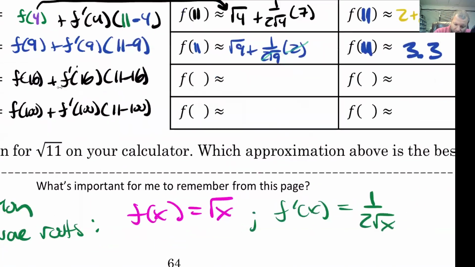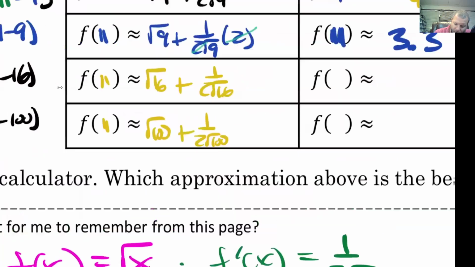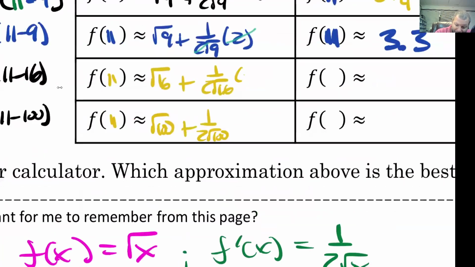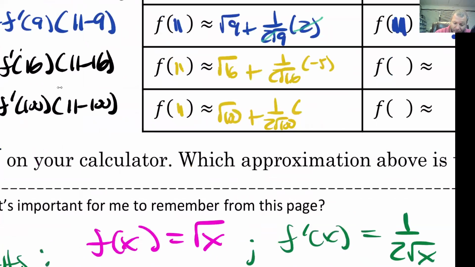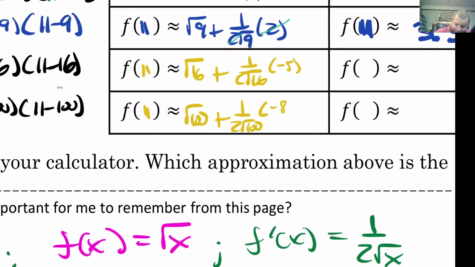So f of 11, or linearization, or approximation, is going to be the square root of 16. Down here is the square root of 100, plus 1 over 2 square root of 16, plus 1 over 2 square root of 100. 11 minus 16 is negative 5. 11 minus 100 is negative 89.